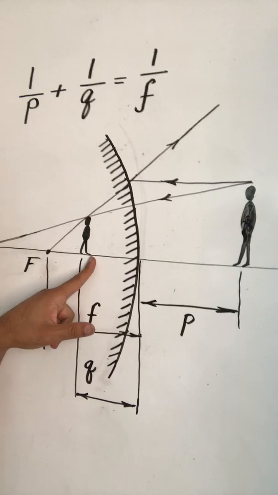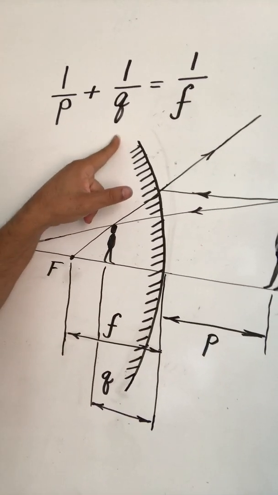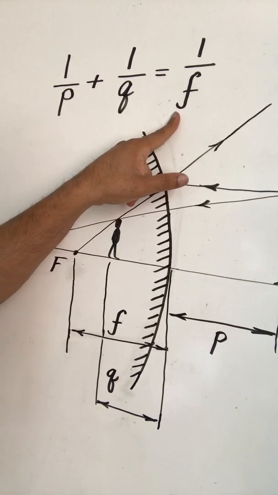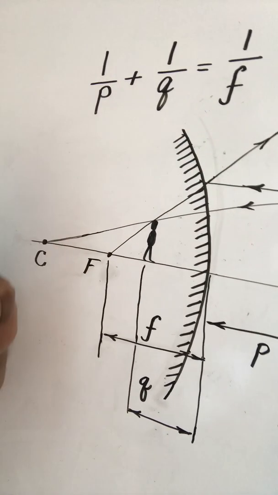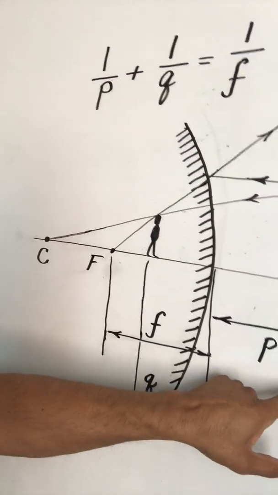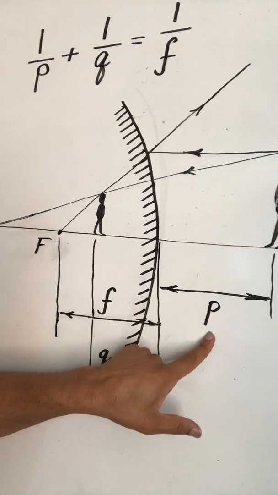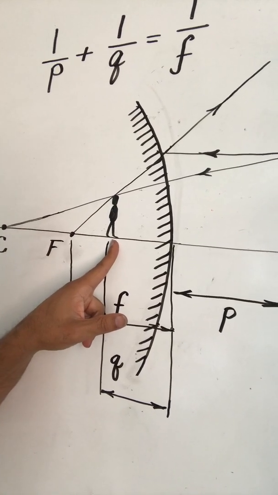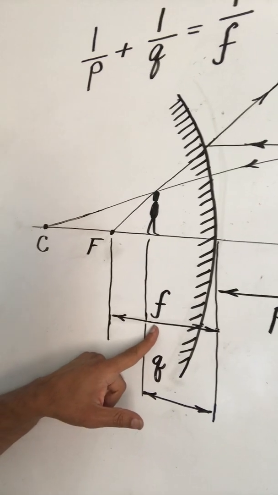You might be familiar with this equation, 1/p + 1/q = 1/f, if you've had high school or college physics. This relationship tells you the relationship between the distance of the person, the observer, from the mirror, that's p, the distance between the image and the mirror, that's q, and f is the focal point.